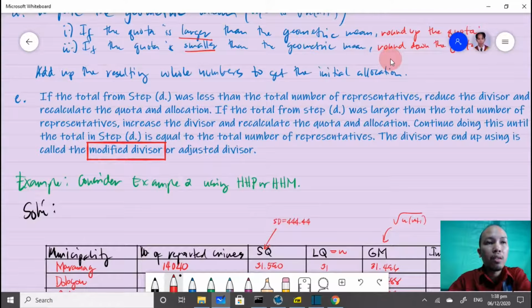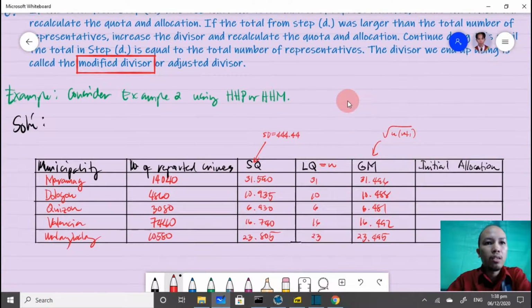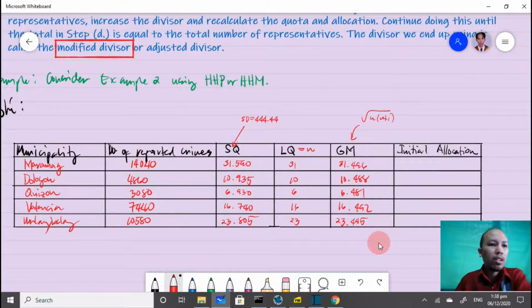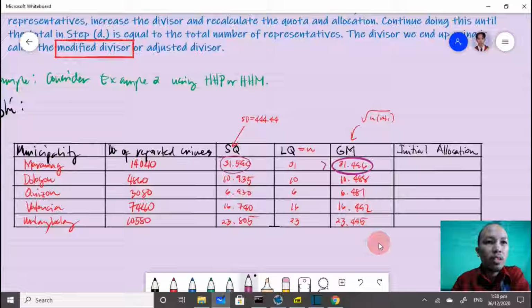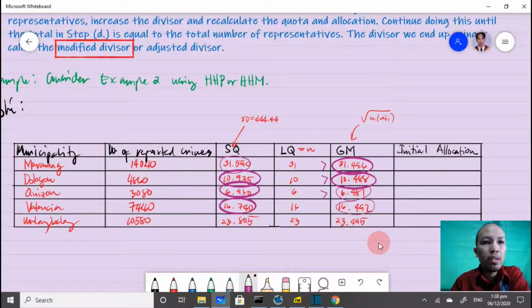Let's use this color, magenta. 31.590 is greater, this is greater again, 16.74 is greater, and 23.805 is greater.